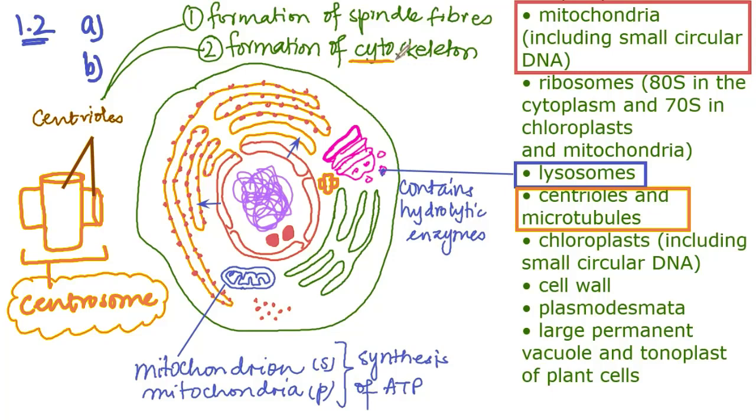We're going to talk about details of the cytoskeleton and the role of the centrosome as a microtubule organizing center later, once we talk about the structure of different organelles and their functions in detail. The word cyto means cell, so the word cytoskeleton refers to the cell's skeleton.